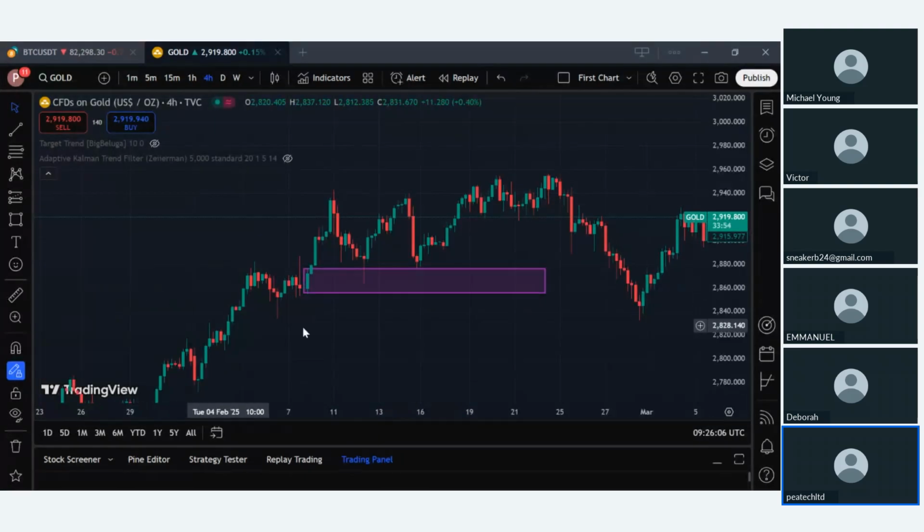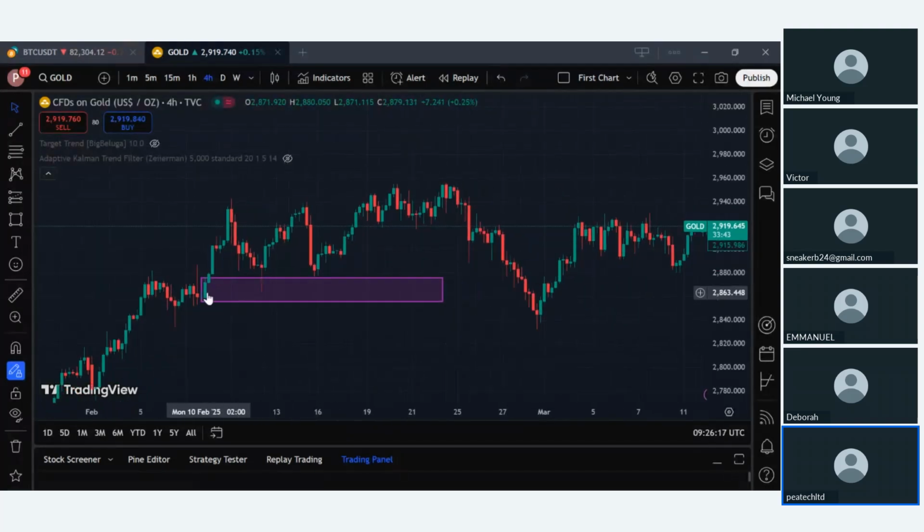Now, this was the last green candle before this that gave birth to these 3 impulsive moves upward, right? So every time we see an impulsive move like this, we want to wait for the market to return to the zone where the impulsive move started. And in this scenario, this is the zone the impulsive move started.